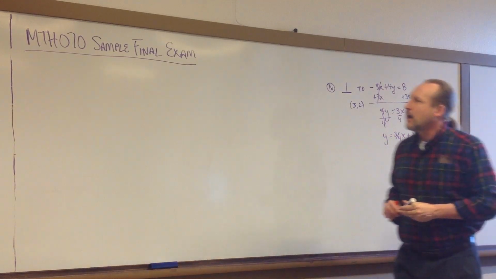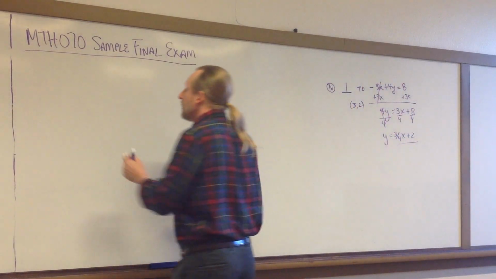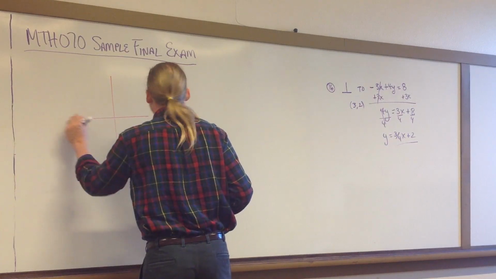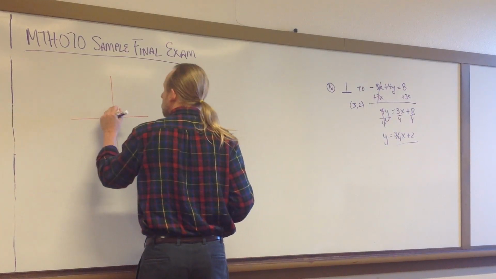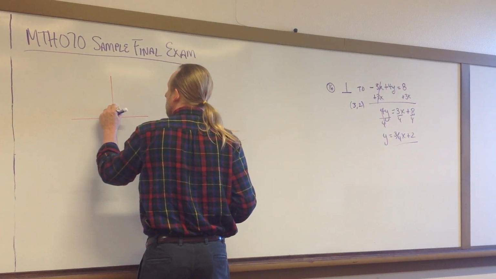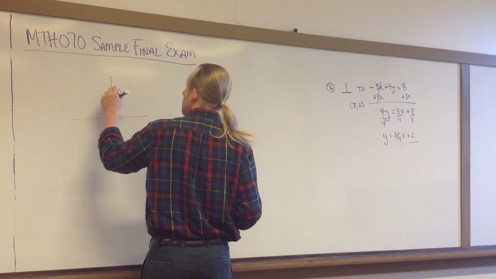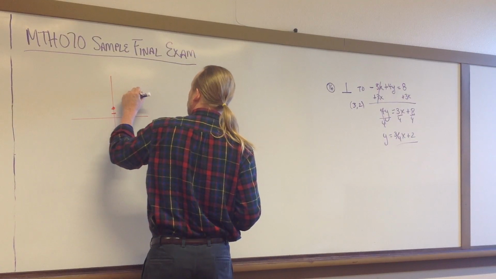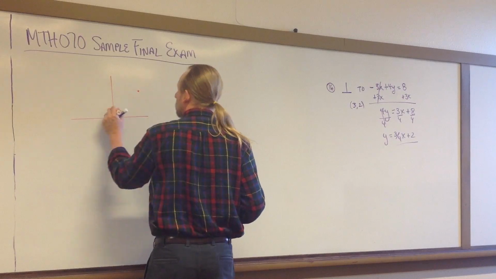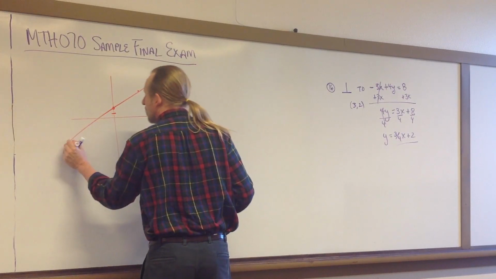Okay, so like I said, we don't have to graph this, but I'm going to anyway. There's our y-intercept, and then we'll go up 3 and over 4. And so it'll look something like this.